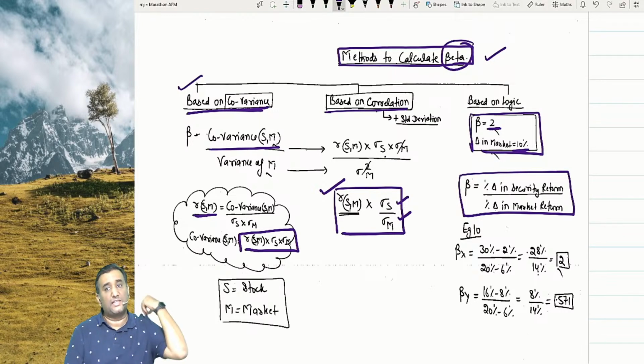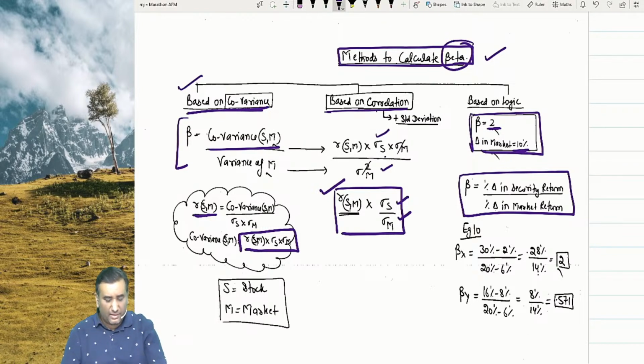So if by chance he is asking about systematic, unsystematic risk, then you would be left with no choice, but you will have to calculate these numbers. In case he is not asking about systematic and unsystematic risk, then there is no problem, you can finish off your answer here. I think one question I would have taken in which both the methods application would have been there. Before we go back to the critical part of it, let me cut.